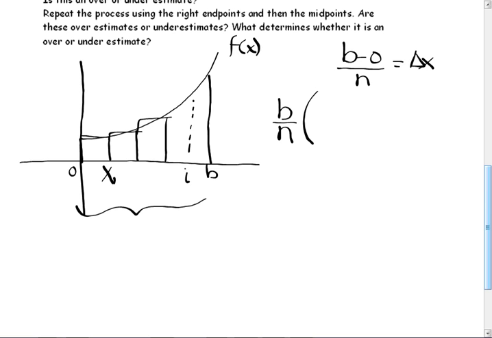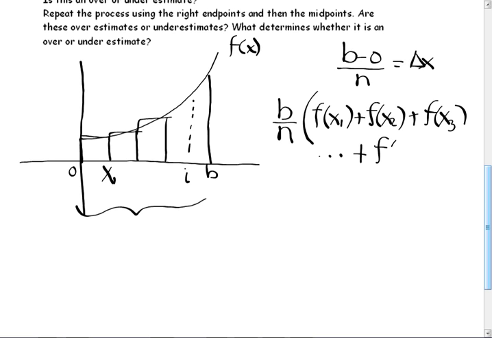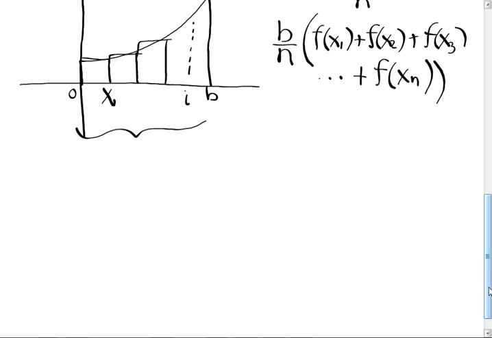And then you're going to find the height at each of the x values. Can you write that in sigma? You just did sigma for a whole 6 weeks. Can you write that in sigma? It's a series.